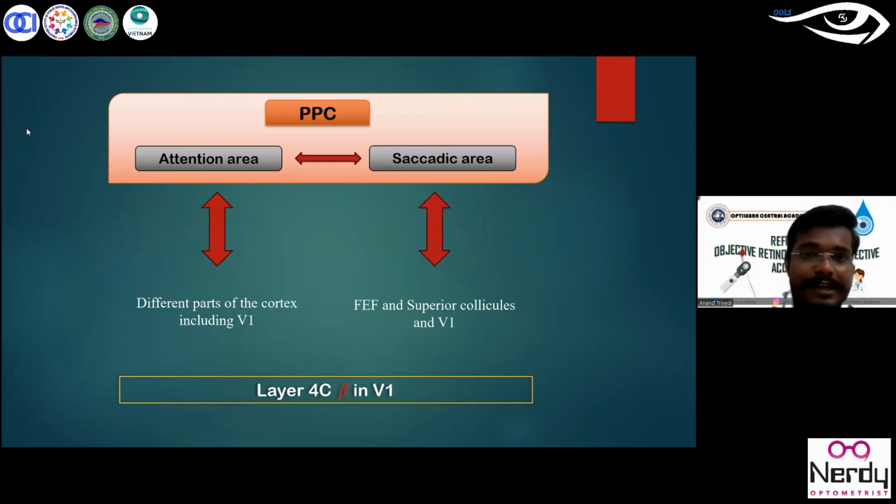So this is very important to understand, because our top-down impulses come from the attention area in the parietal cortex and go to different parts of the cortex, including V1. A strongly stimulated saccadic area makes the eye movement. A strongly stimulated attention area prevents the eye from moving. So there is a close balance between these two areas in the parietal cortex.